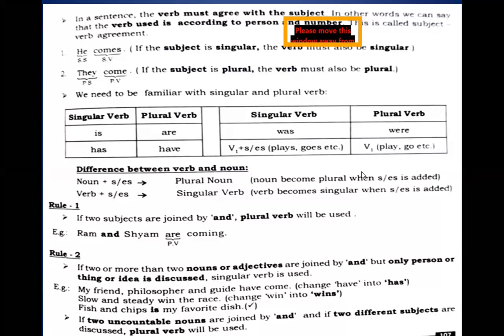When the same s or es is added to the verb, that becomes singular. That means if a noun gets this s or es, that's plural. And if that is added to the verb, that becomes singular. These are small terms, but these are very important. Because of this, we must detect errors in the sentence.